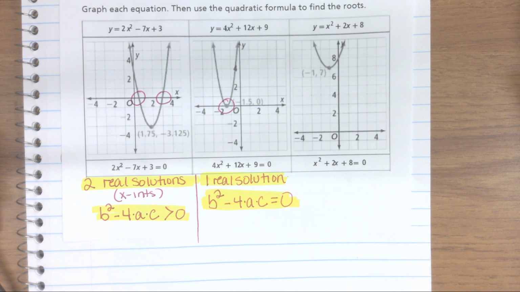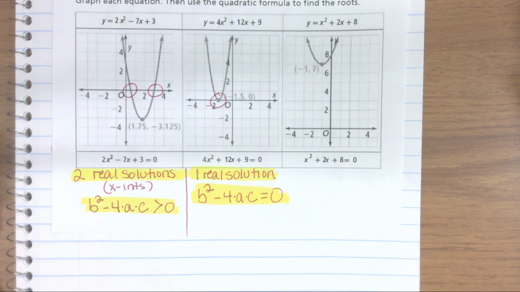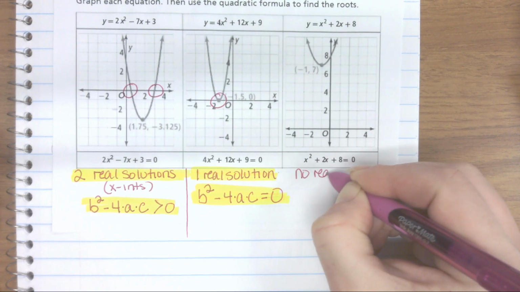Okay, so then the last scenario. How many solutions or x-intercepts does that last graph have? Okay, it is possible to not have any. And so this has no real solutions.